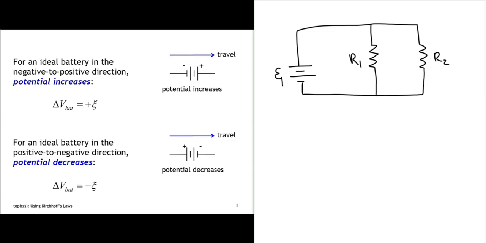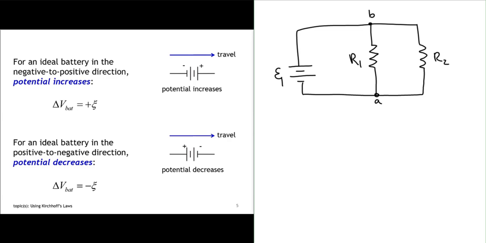So for me, so I can stay consistent with how I work problems, I usually like to start from the negative terminal of the battery and work my way around. And that negative terminal of the battery is attached to both resistor 1 and 2. So I will call this point A, positive terminal, point B.